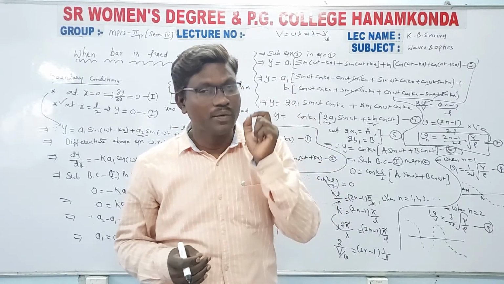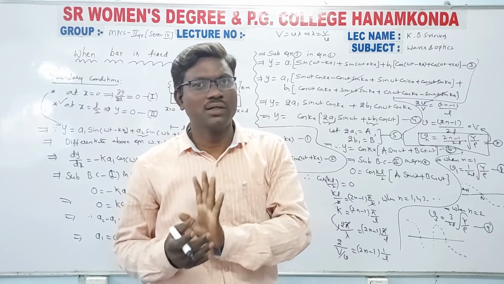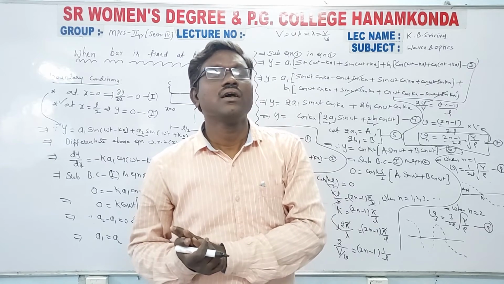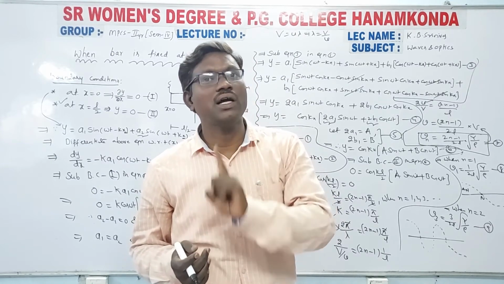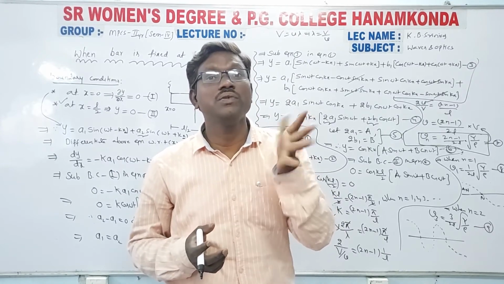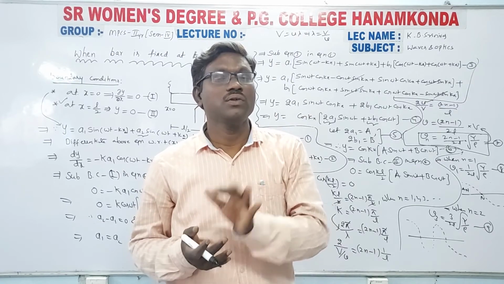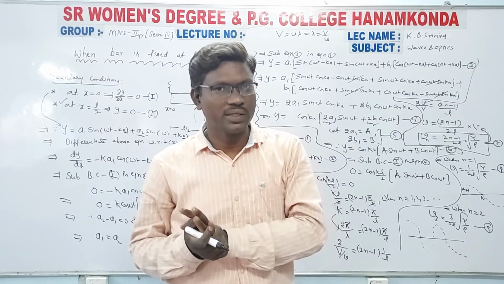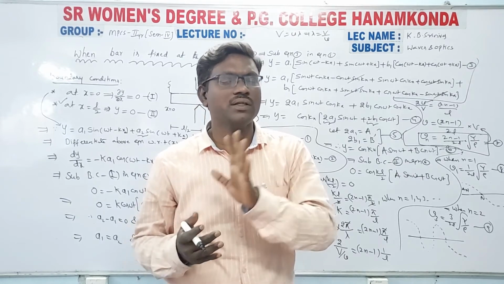And after that, one important topic is a long question. Transverse vibrations in a bar itself is a long question. One important short question is there, that is tuning fork. So tuning fork is a regular short question in this bars concept. So just go through the notes and watch the video.